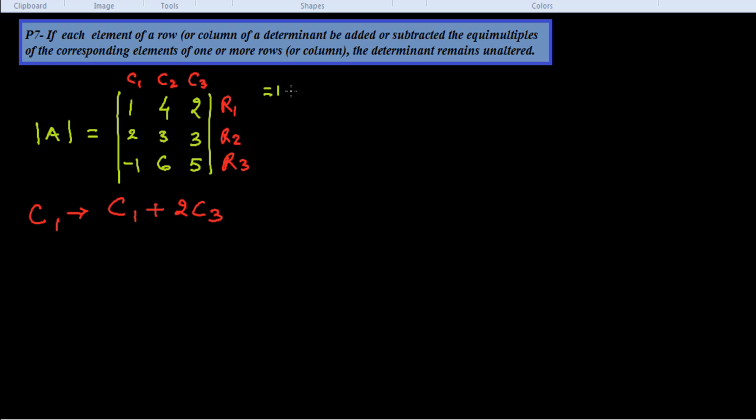1 times the determinant 3, 3, 6, 5, minus 4 times the determinant 2, 3, minus 1, 5, plus 2 times the determinant 2, 3, minus 1, 6.